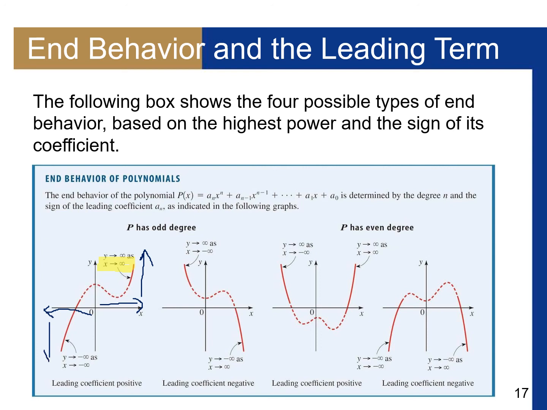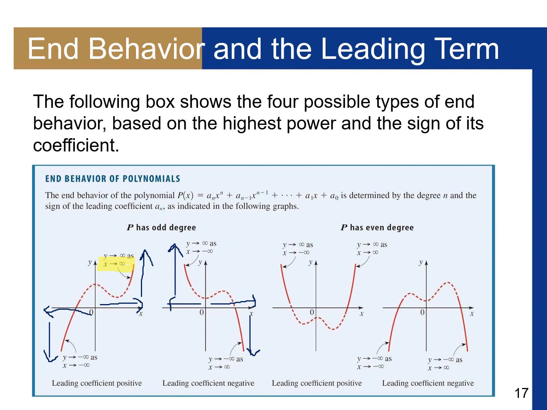Y will get smaller this way. Here I have as x approaches positive infinity, which means as it gets larger this way, my y gets smaller and smaller, so it approaches negative infinity. And then the opposite of that would be x approaching negative infinity as y gets bigger and bigger and approaches positive infinity.